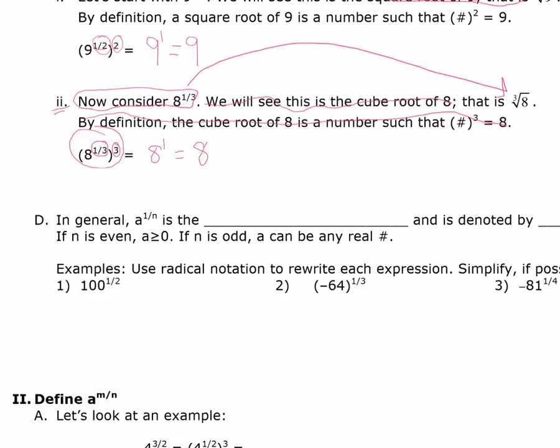Alright, let's give you some notation. In general, we are going to copy this down. In general, when you have some base A, A could be some number, and you raise A to the 1/n power, we're going to define it.